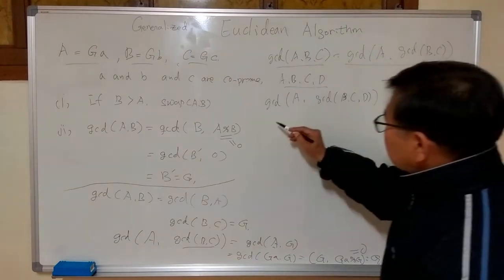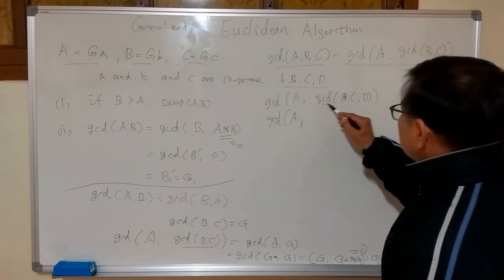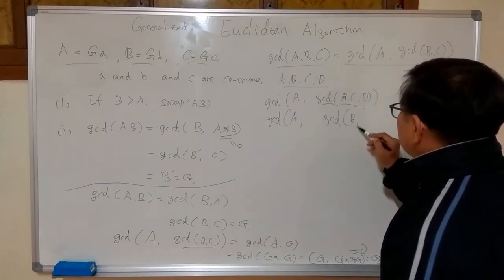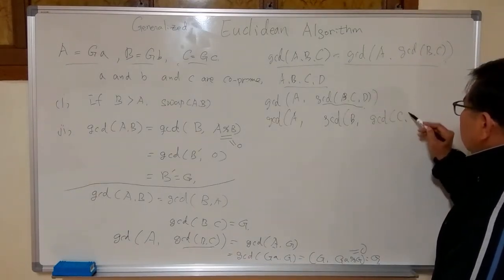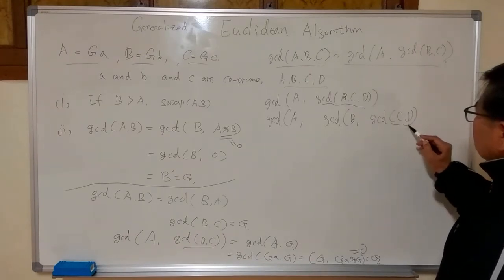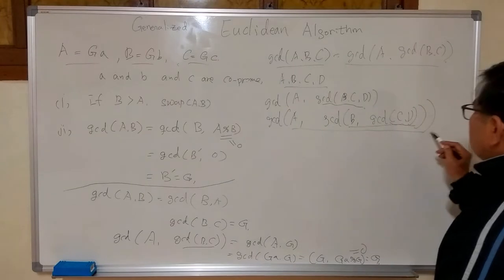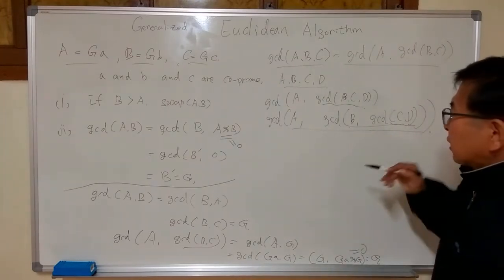Then using this rule again, GCD(A, this rule, GCD(B, GCD(C, D))). We calculate this, then we calculate this, then we calculate this. This way is actually recursive.